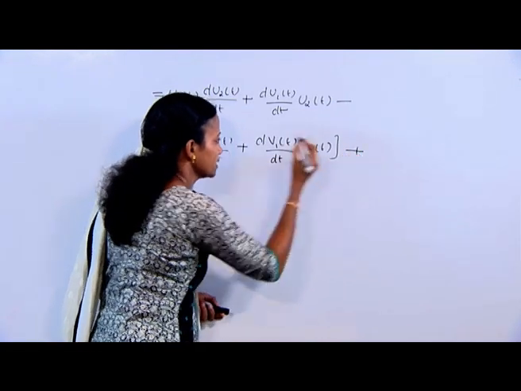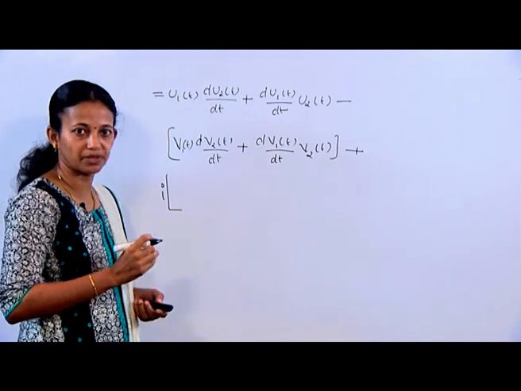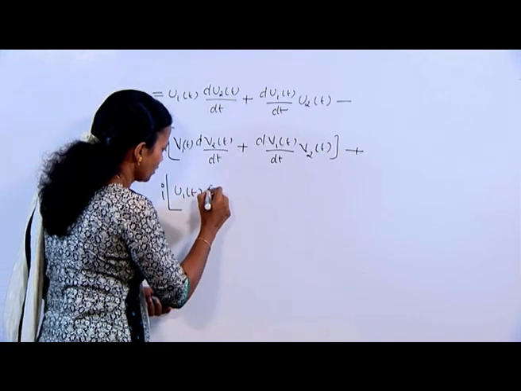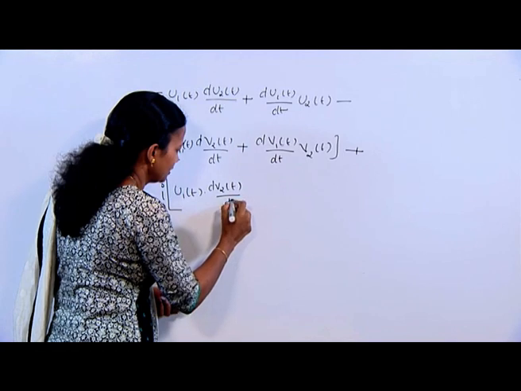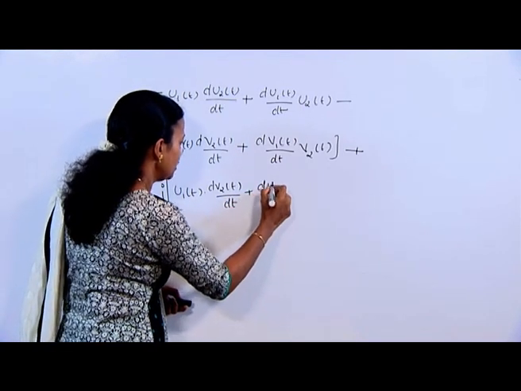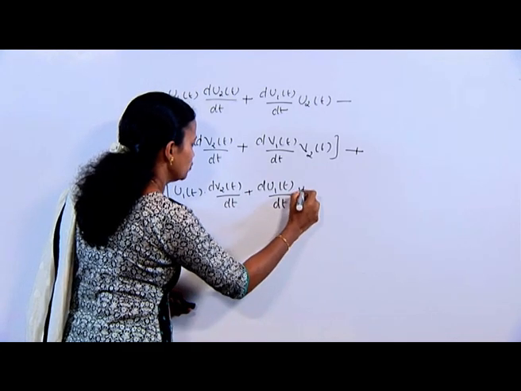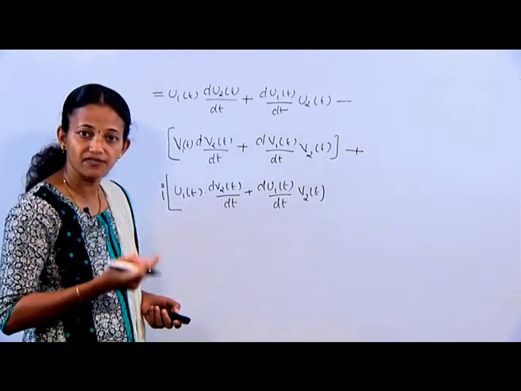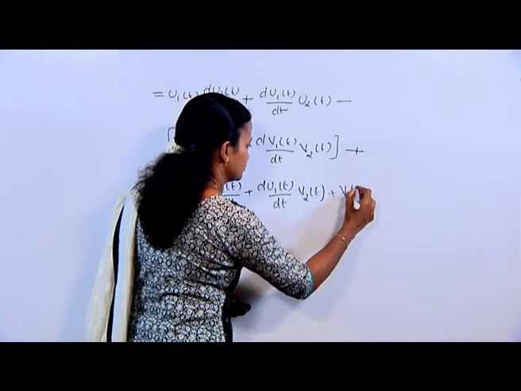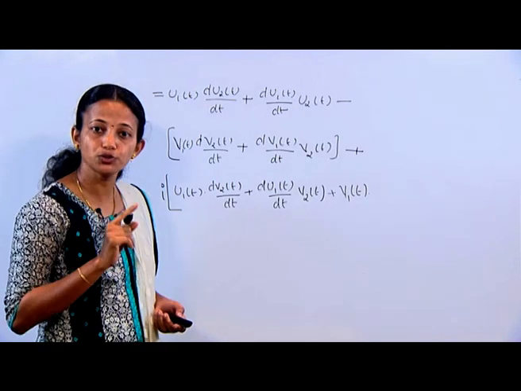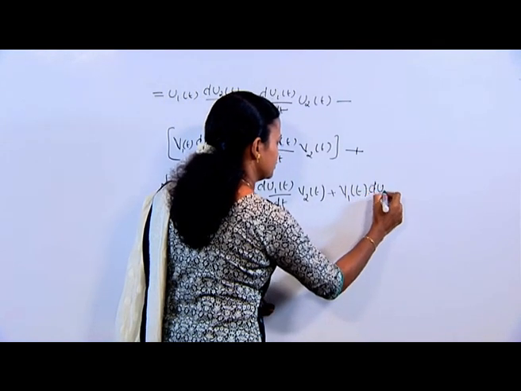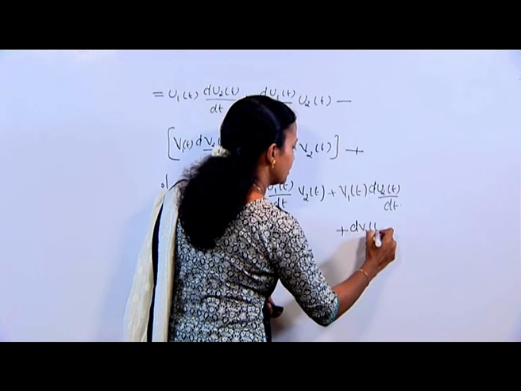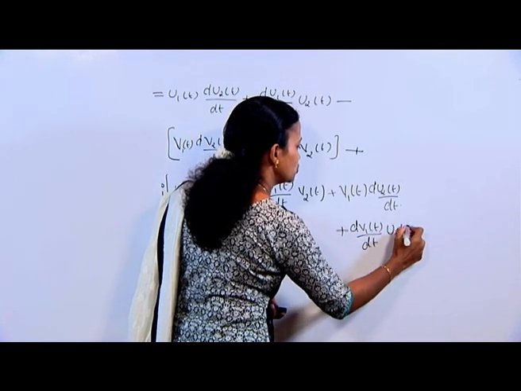Next we have the term plus i into u1(t) into dv2(t)/dt, this is our first term, plus du1(t)/dt into v2(t), second term, plus v1(t) into du2(t)/dt plus dv1(t)/dt into u2(t).